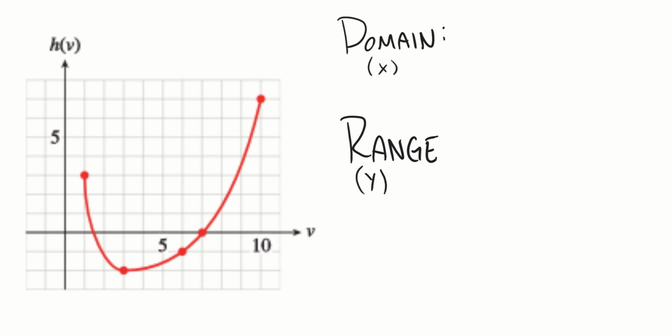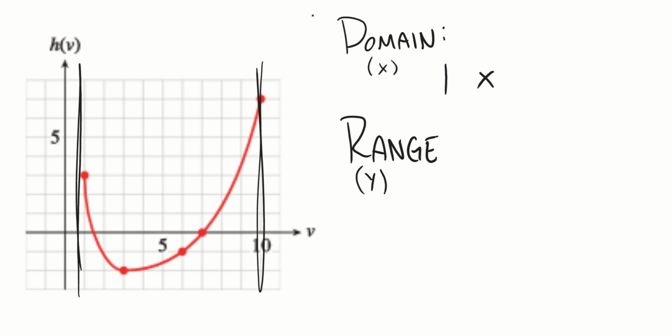So looking at my x's, I want to know where do my x's start and where do my x's end. I would say my domain is x is greater than 1, and x is less than 10. I'll say x falls in between 1 and 10.